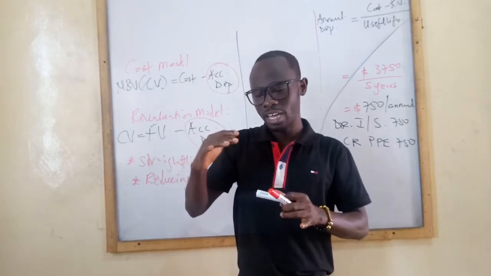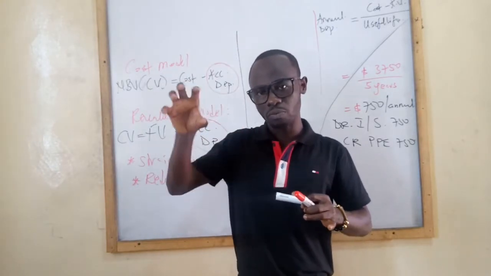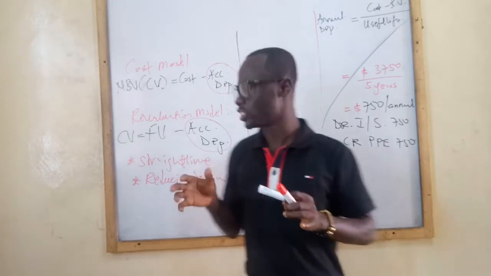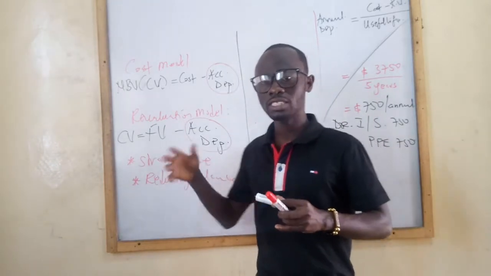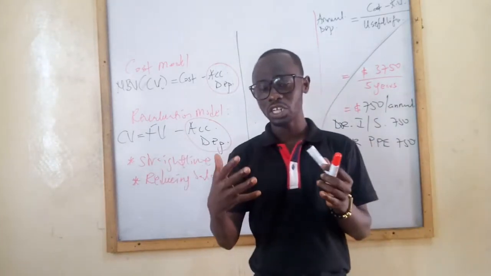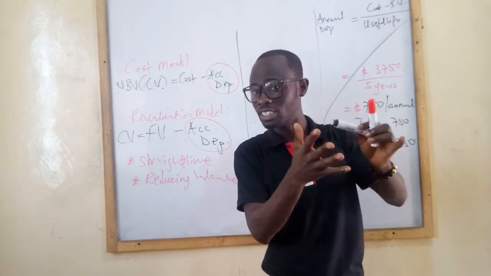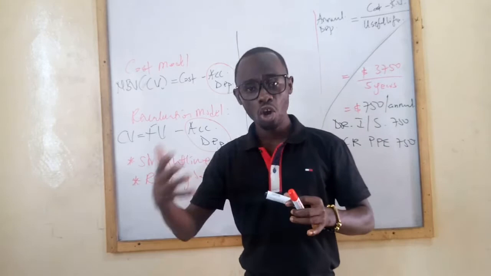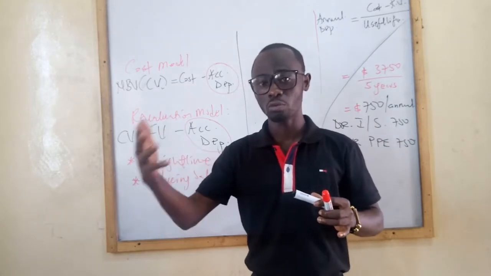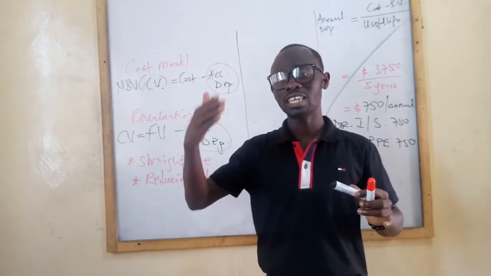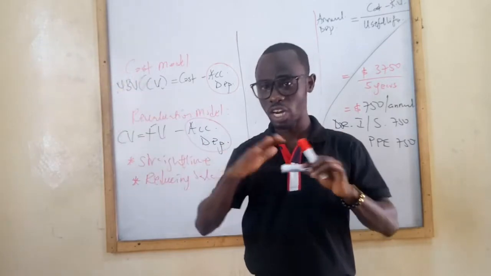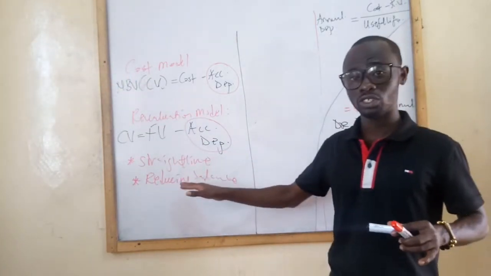As the asset ages, the depreciation on it reduces, and it is logical because we will be charging high depreciation during the early life of the assets, and then lower depreciation, or small amounts of depreciation, as the asset ages. So that is what you must understand about the reducing balance method.